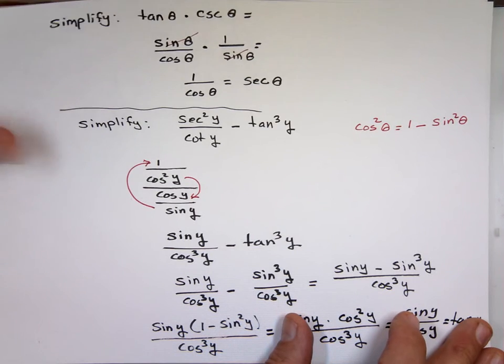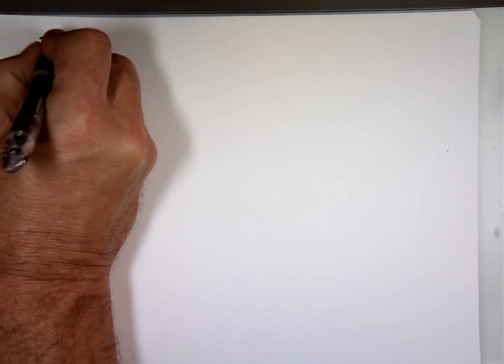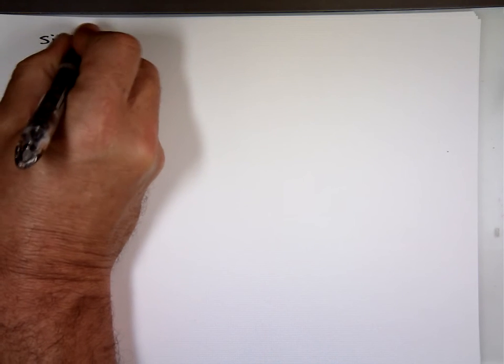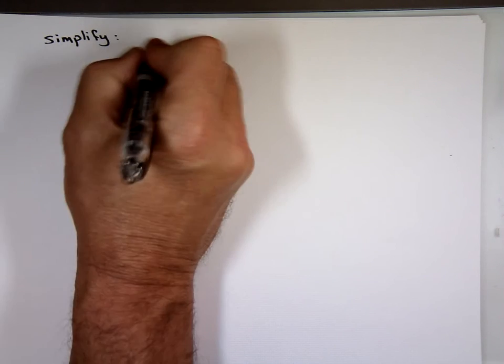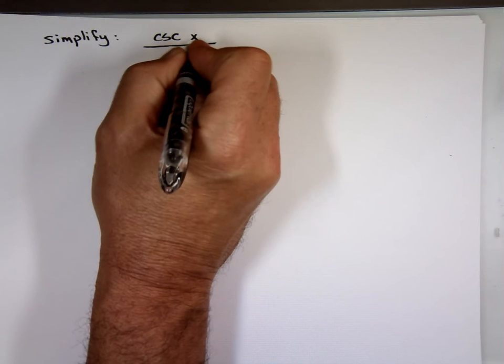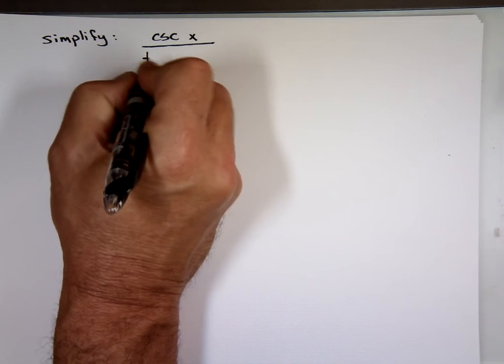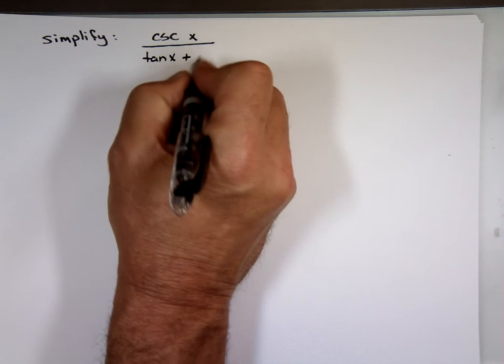Simplify: cosecant x over tangent x plus cotangent x.